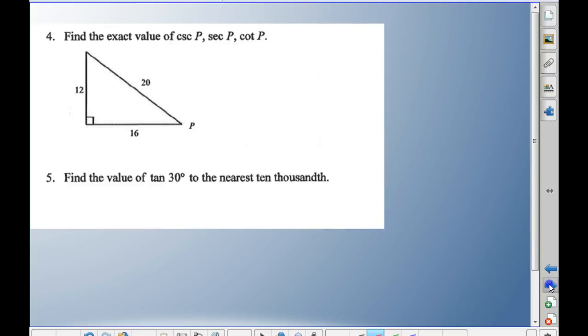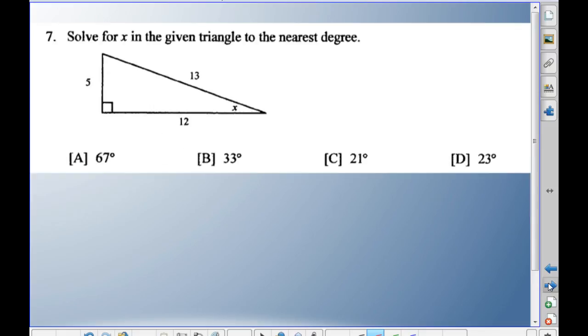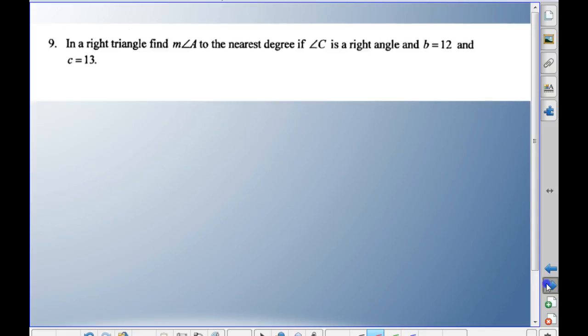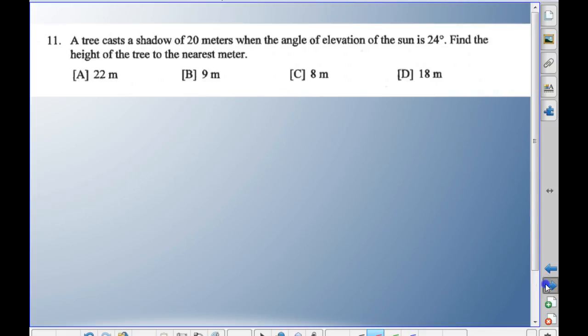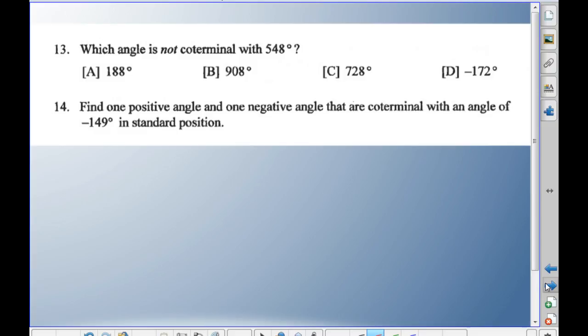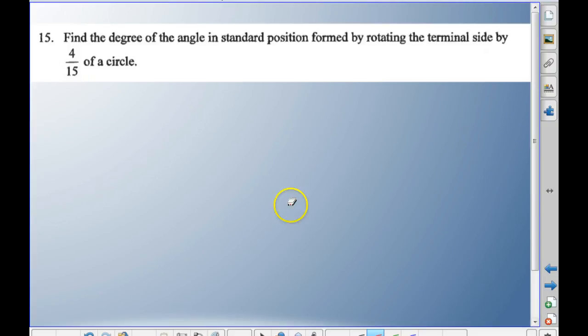All right, I'm going to skip, unless someone has a specific question, all the way to number 15. 15's not hard, but I always have some students who just kind of draw a blank.